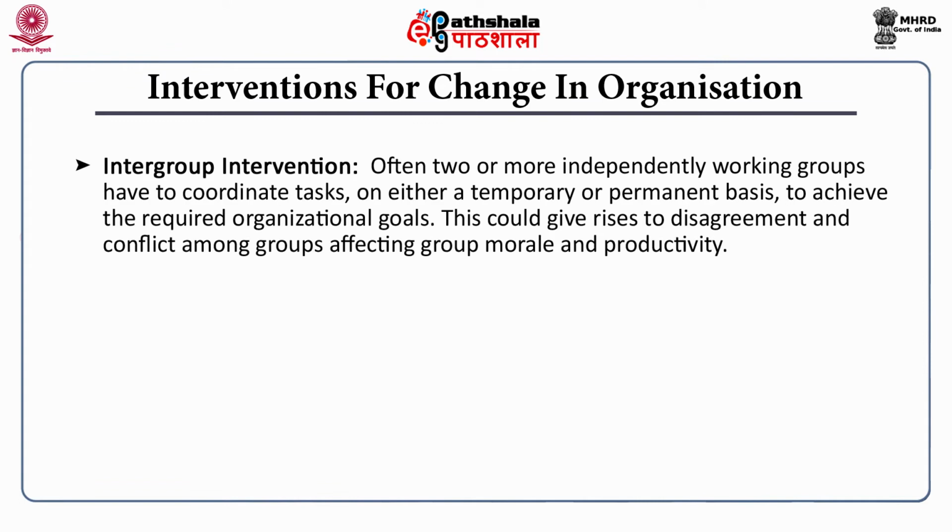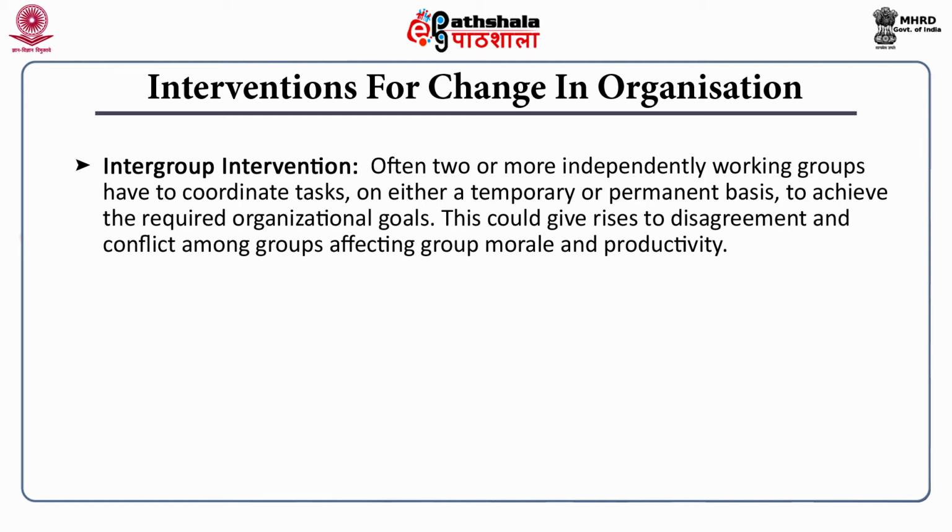Often two or more interdependently working groups have to coordinate tasks on either a temporary or permanent basis to achieve the required organizational goal. This could give rise to disagreement and conflict among groups, affecting group morale and productivity.